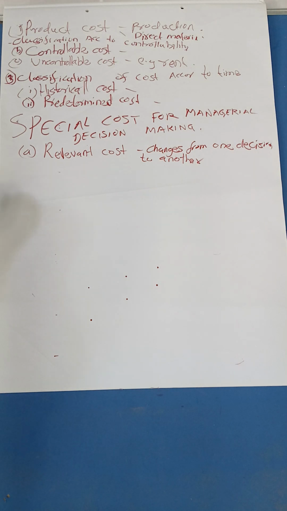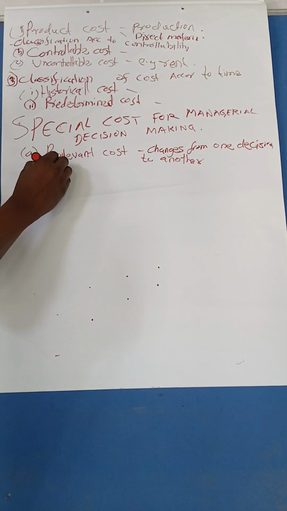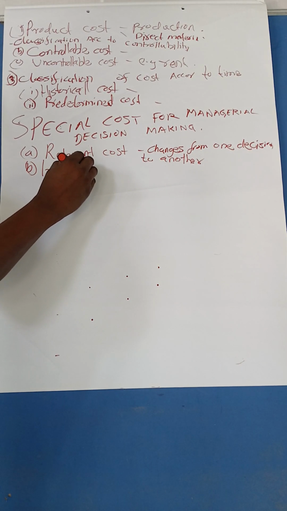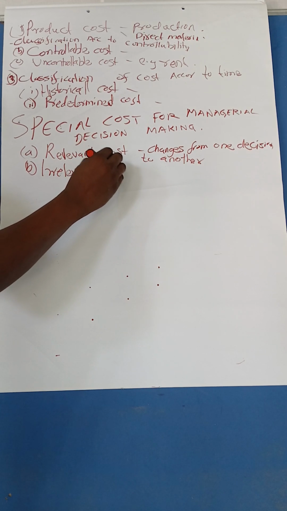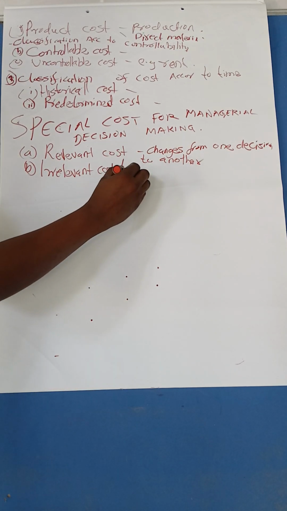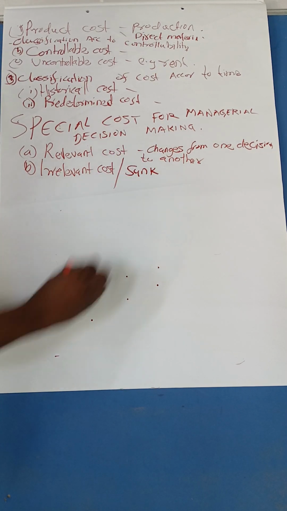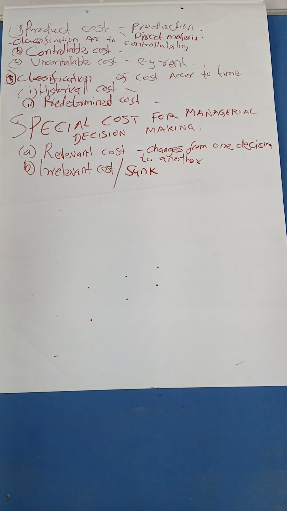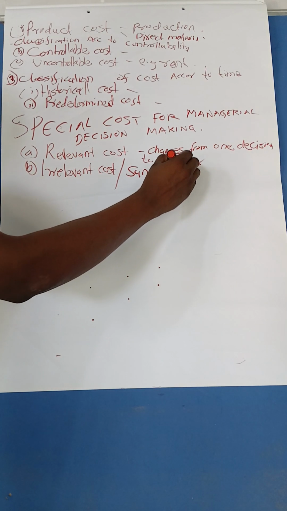Irrelevant cost. Other people call it sunk cost. So this one we normally say these are costs which have already been incurred in the past and cannot be changed.